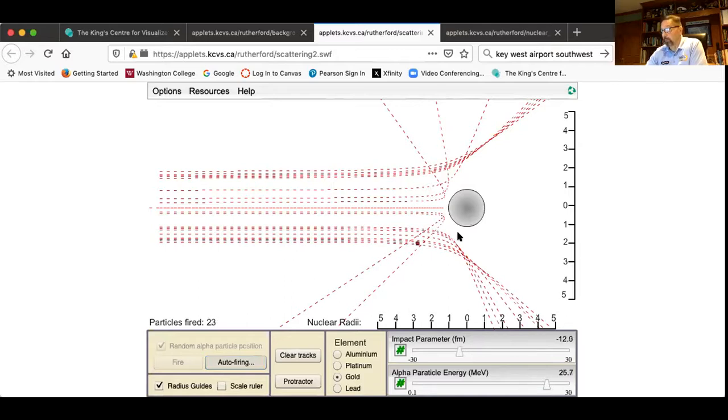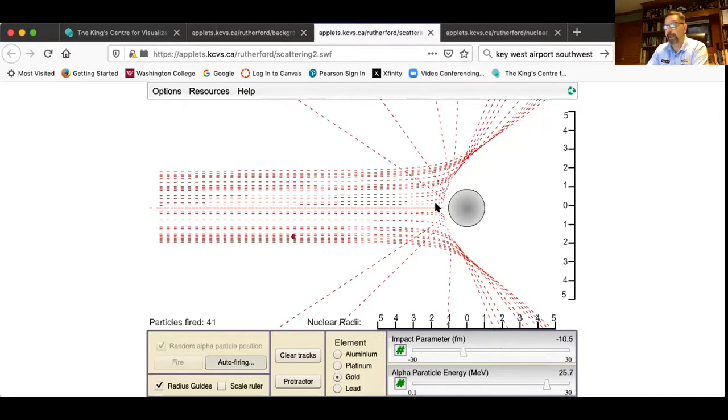One of the experiments that Rutherford and his folks did is that one right there, where you saw it came right in on the axis and turns around. And he was able to estimate when exactly he gave the incident alpha particle too much energy, and then it overcame the electrostatic repulsion, actually maybe collided with the aluminum or gold or platinum or lead or whatever the target atom was.